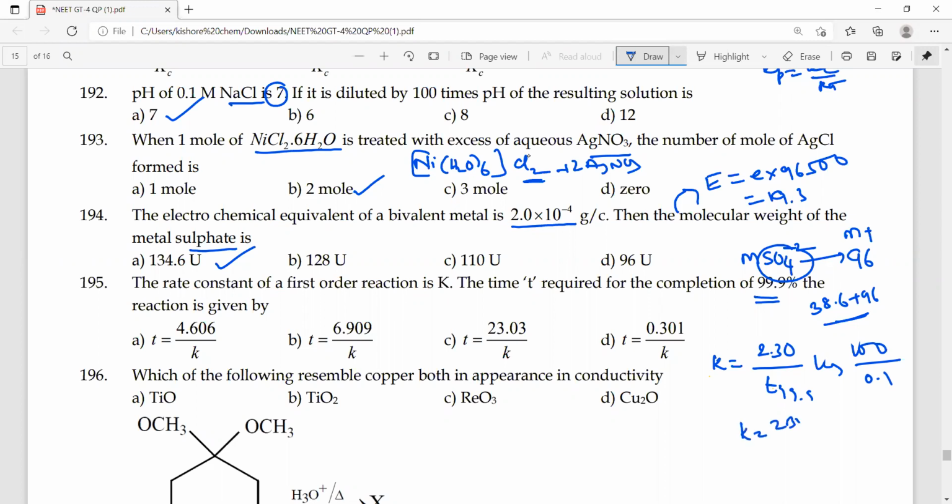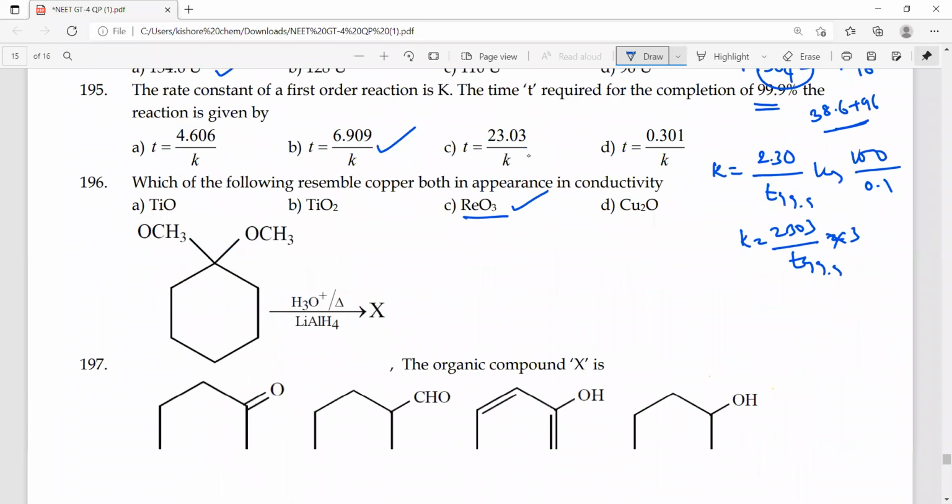So t 99.9 is equal to 3 into 2.303 by K. 3 into 2.303 means 6.909. Next, 196. Which lithium oxide? This is a previous NEET question.